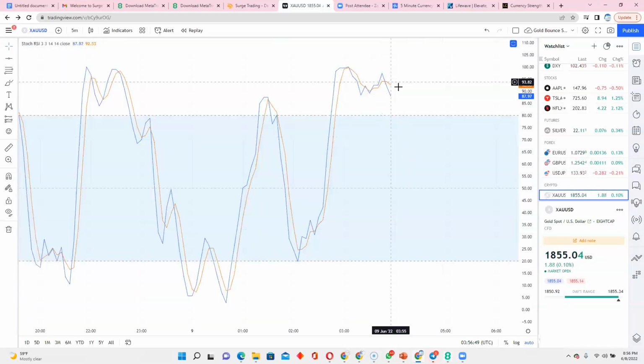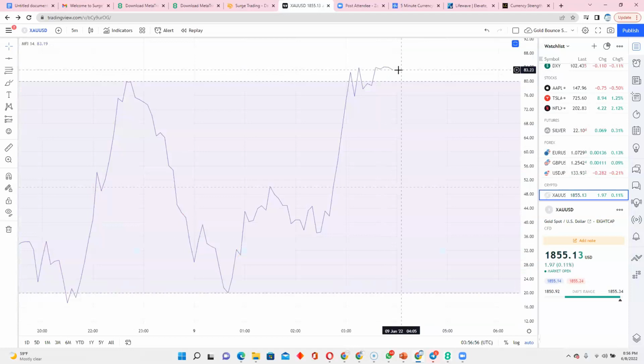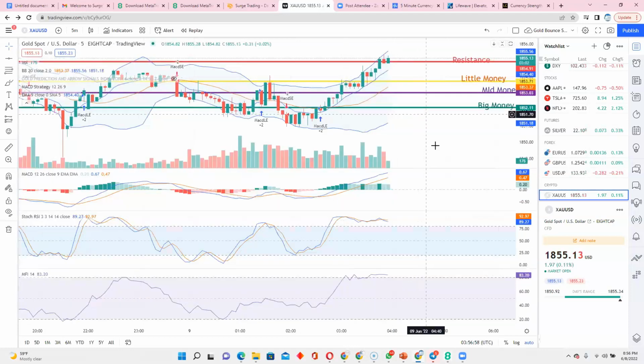See, the red line just crossed over. This should really be falling down. All the indicators are saying this should be falling down. The money flow's bent down. Everything is saying this should be coming down right now.